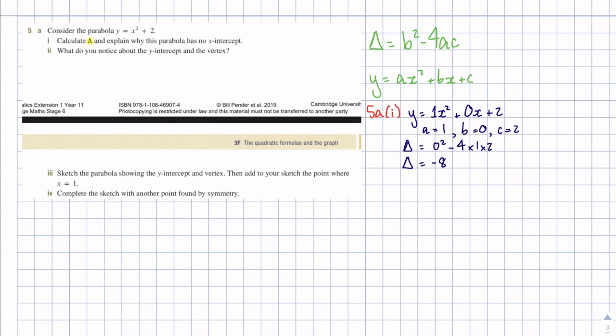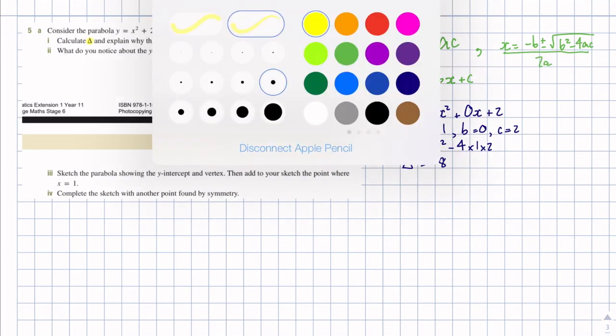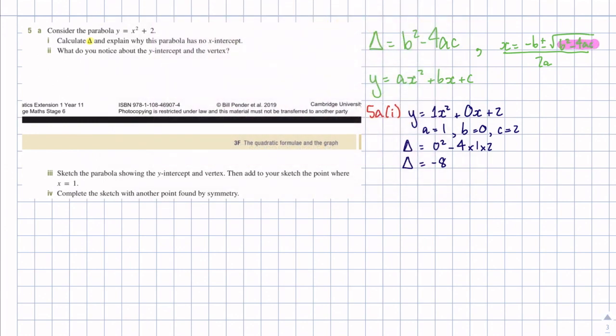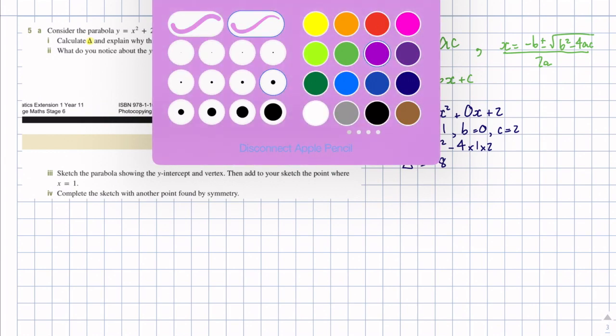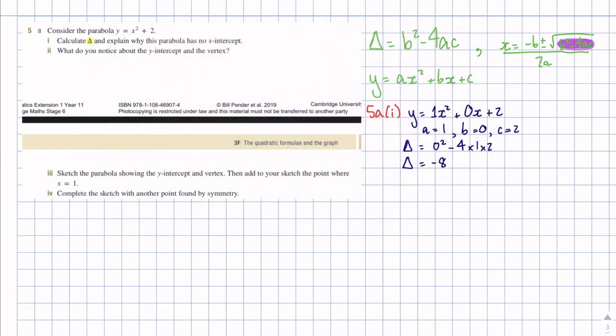And don't forget, when we're using the quadratic formula, and I'll write it up here, x equals minus b plus minus the square root of b squared take 4ac all over 2a. So the quadratic formula is literally this bit. Oh, I wish I'd used a different colour for that. Let me do that again. Purple. Literally that bit.